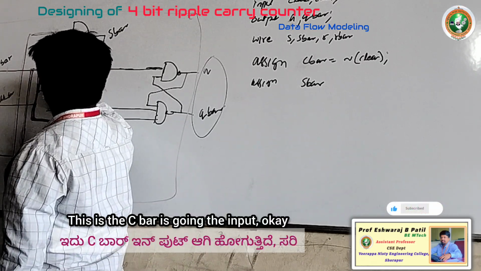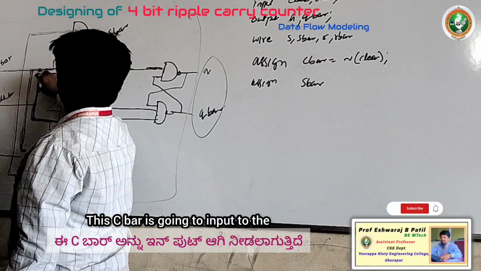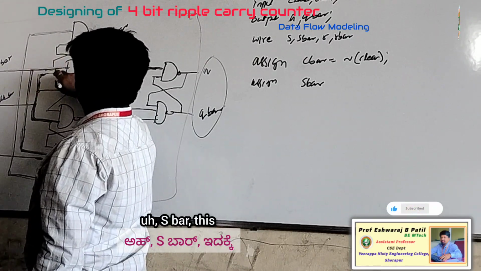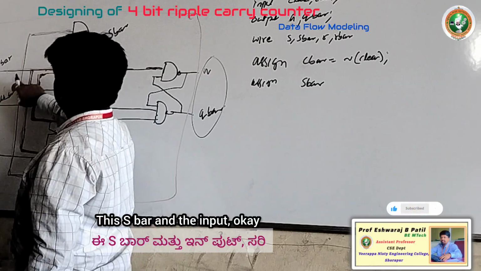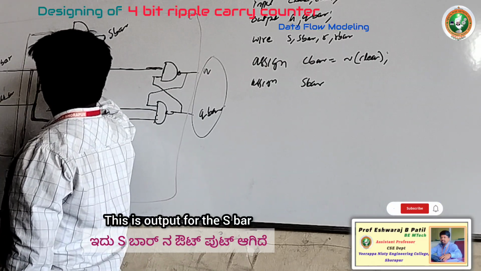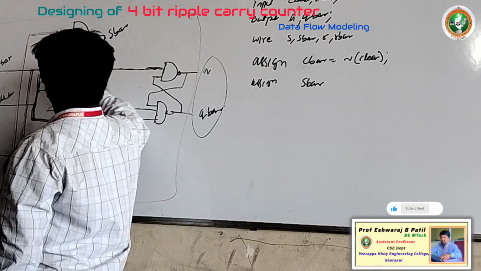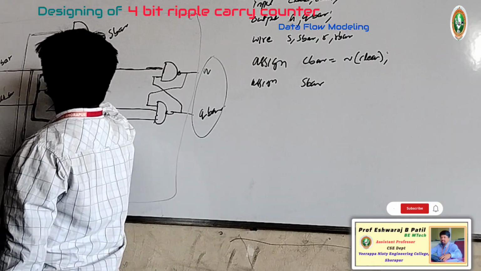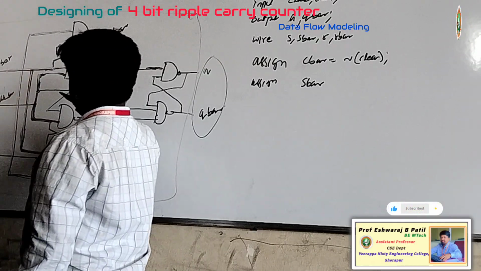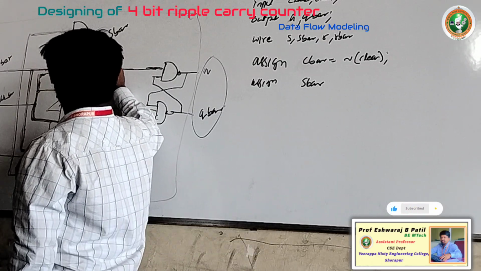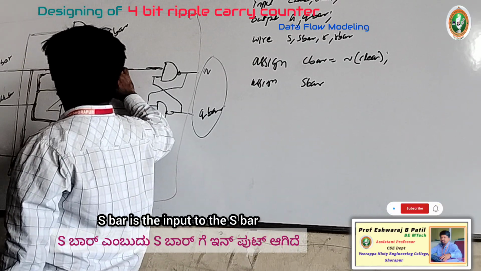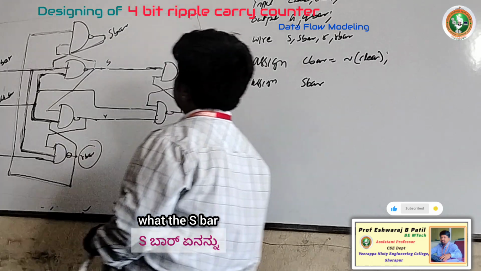This C bar is going as input to the S bar, because S bar is given as the output here. S bar is the output and C bar is the input.